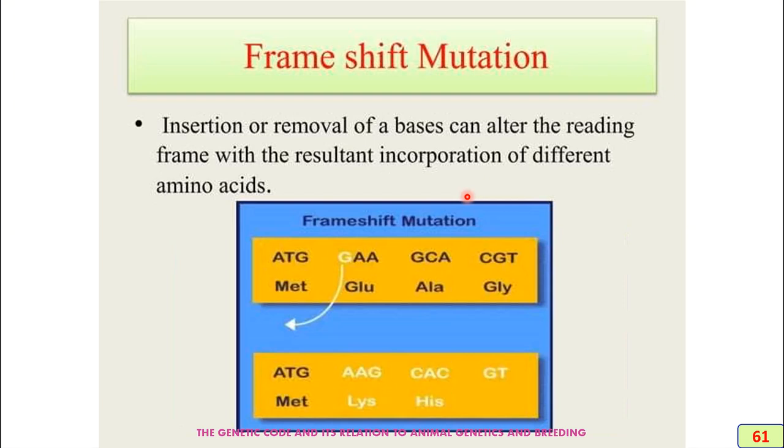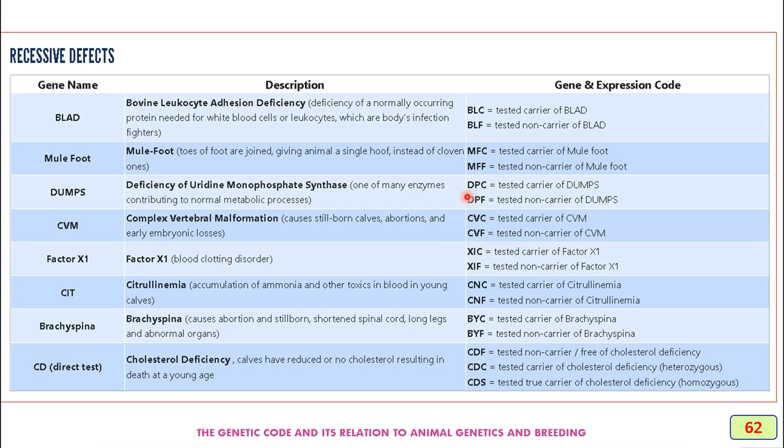And frameshift mutation: insertion or removal of bases can alter the reading frame with resultant incorporation of different amino acids. So here you can see the recessive defects, especially some of the genetic defects.